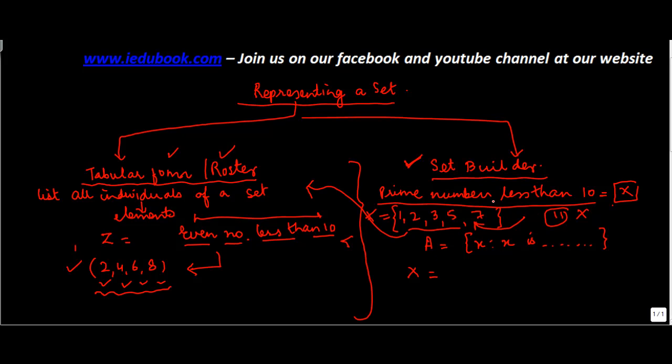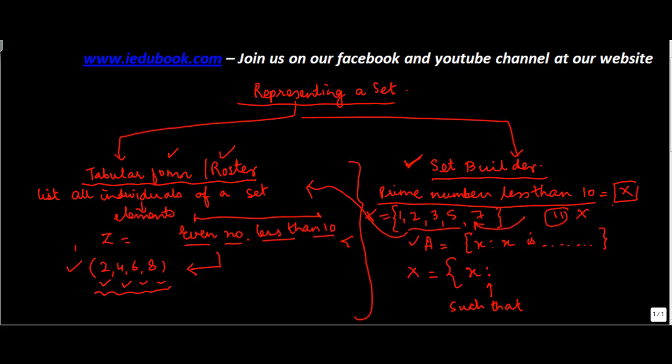So basically in such a case you define the name of the set, which could be anything. Let's say we took it as x. x is equal to, now x is basically a value which is possessed by all these numbers. The property has to be true for all these numbers. So we say x is a set such that x is an element of this set. Then we put in a semicolon. This semicolon is read as such that.